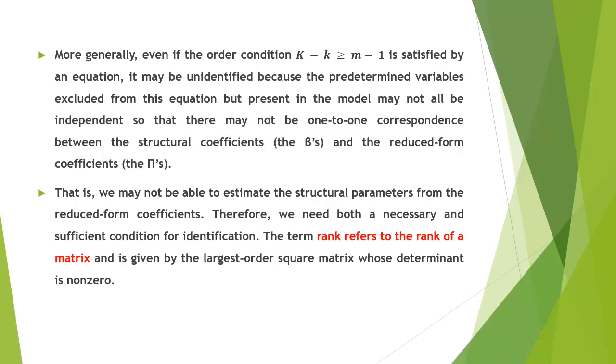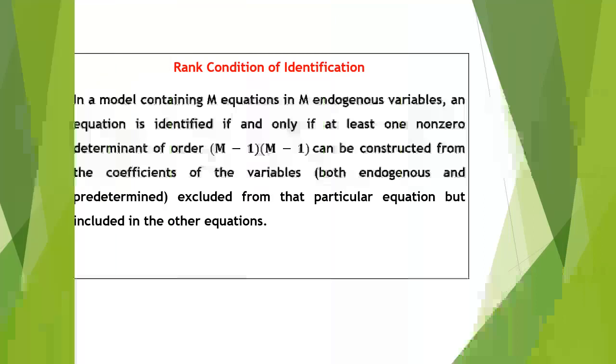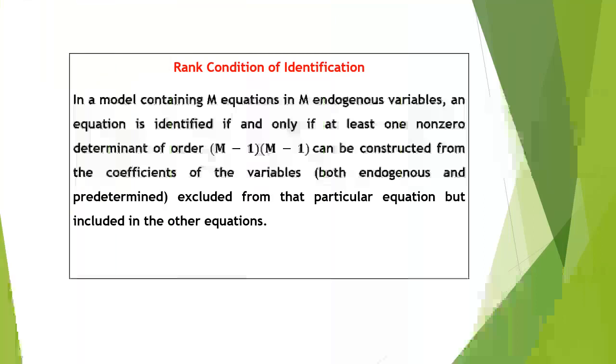The term rank refers to the rank of a matrix and is given by the largest order square matrix whose determinant is non-zero. The rank condition of identification can be stated as given here.